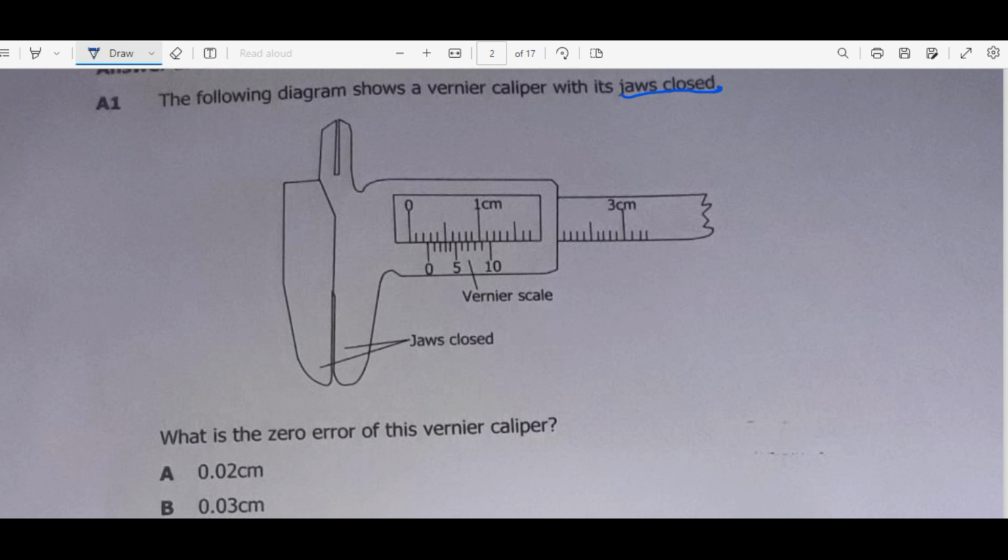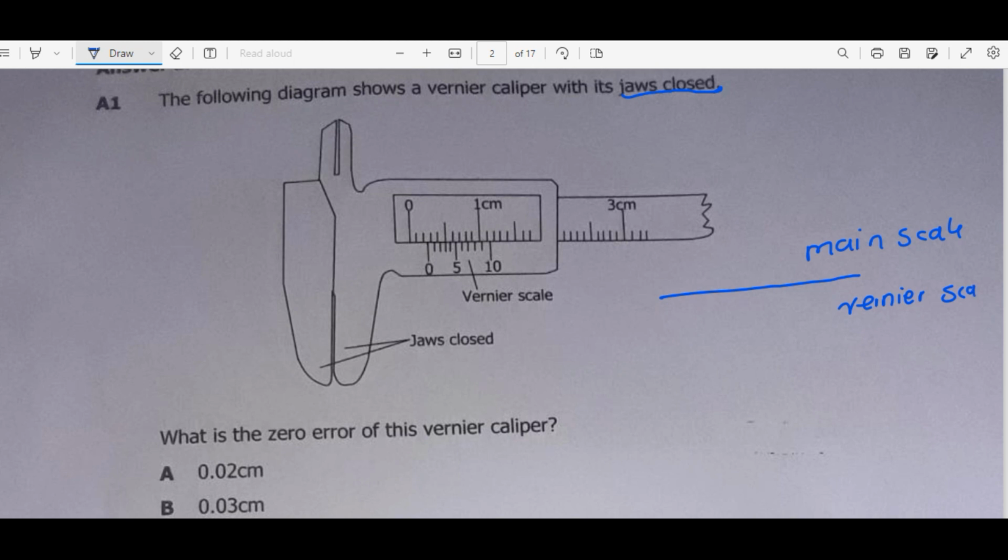So now I want us first to look at how do you know that there is zero error or no zero error. So let's have another diagram. We have the main scale here, then the vernier scale here.